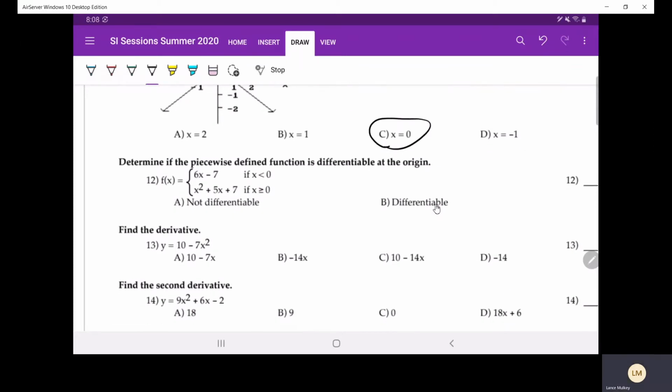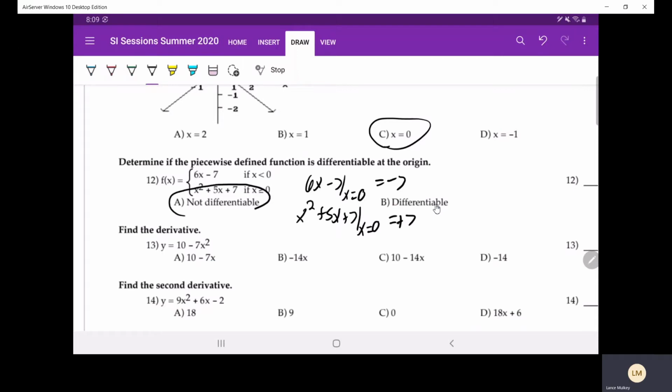So it wants to know if it's differentiable at the origin. To be differentiable at the origin, the limit has to exist and the function has to be continuous. So 6x minus 7 has to equal x squared plus 5x plus 7. At x equals 0, the first equals negative 7, and x squared plus 5x plus 7 at x equals 0 equals positive 7.